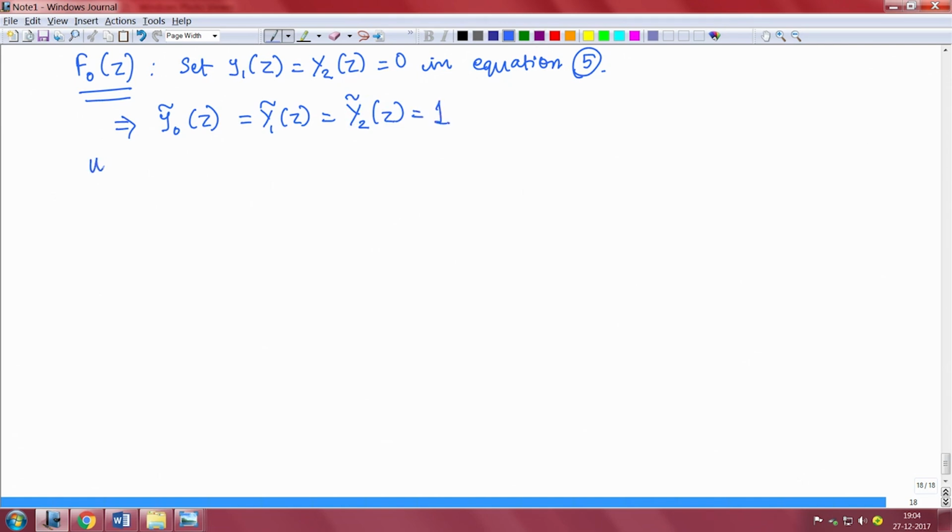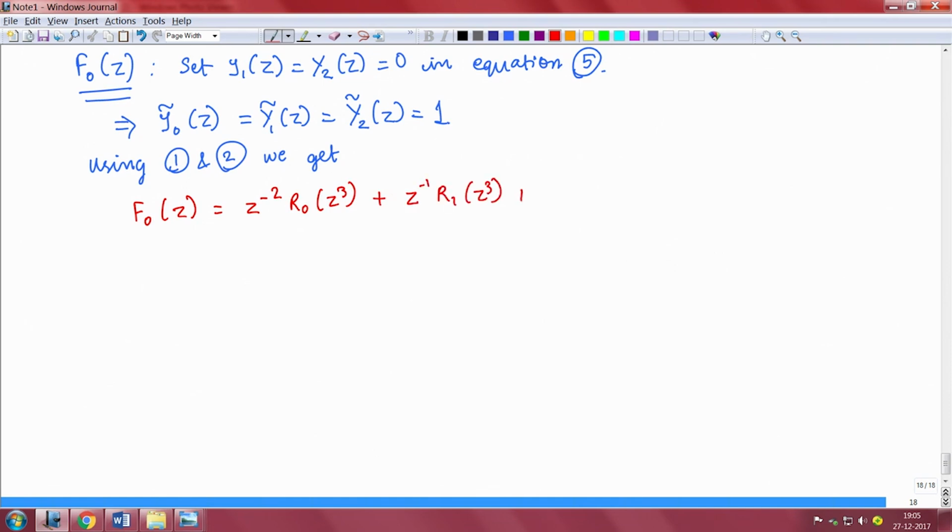So, further using the equations 1 and 2, we get f0 of z to be z power minus 2 r0 of z cube plus z inverse r1 of z cube plus r square r2 of z cube. So, this is by replacing all these parameters into equation 1.